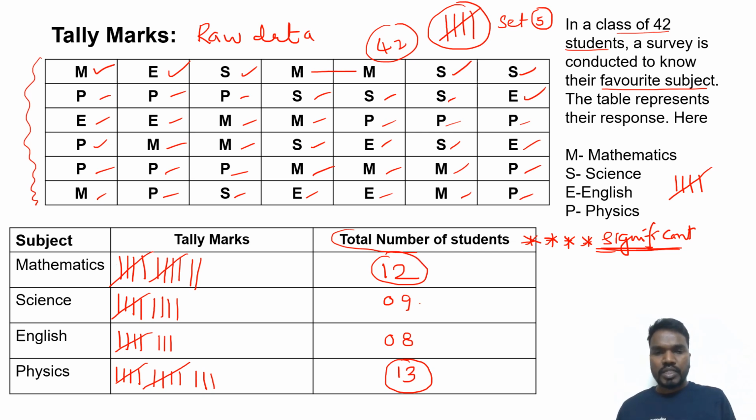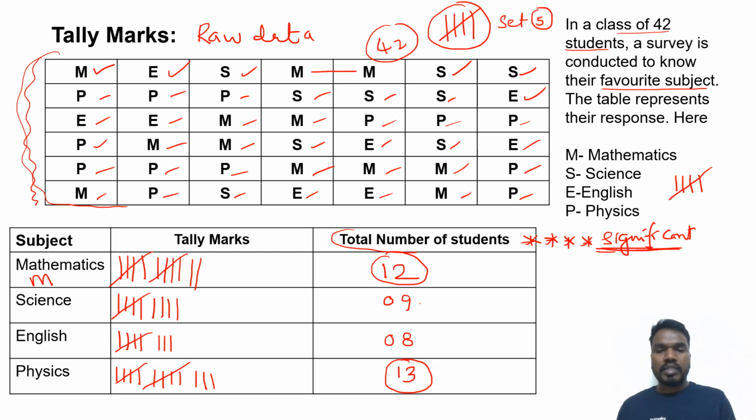So now if you see here, what does this 12 represent? What is the significance of this number? Here we can say that this M appeared 12 times in this table, right? So there are 12 students who gave their response as mathematics.